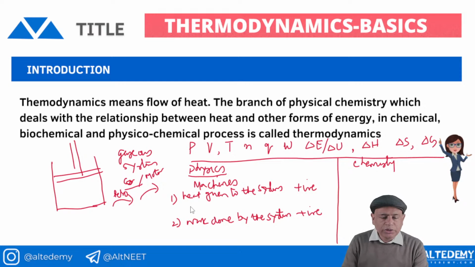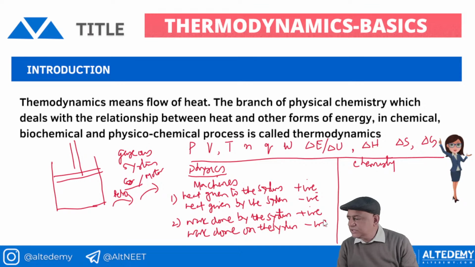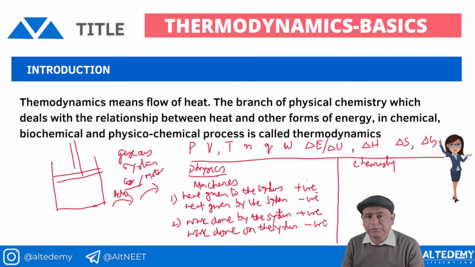Opposite we can do. Heat given to the system positive. Heat given by the system negative. Work done by the system positive. Work done on the system, this is negative. This is the sign convention that physics people are using when they are handling thermodynamics.